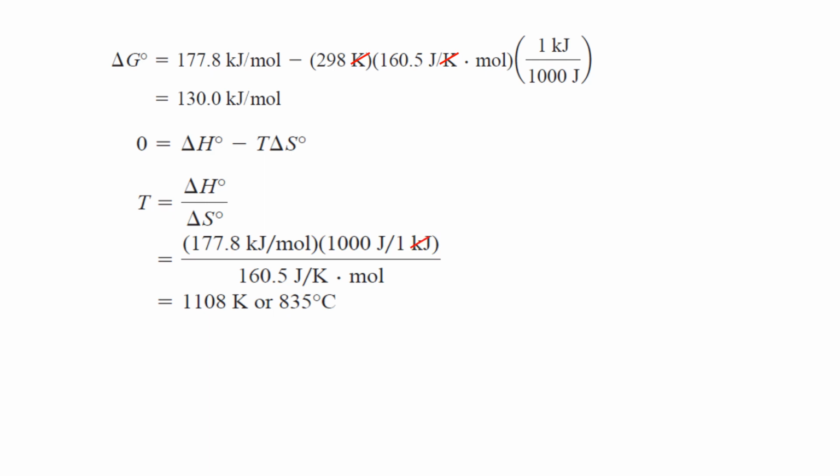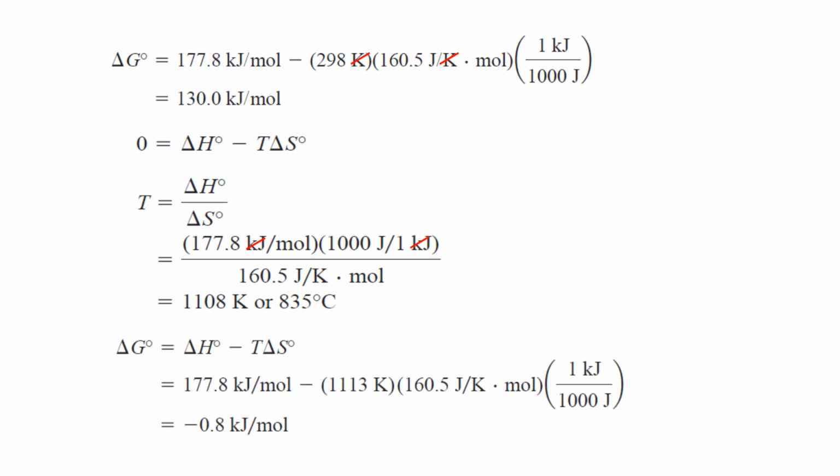Canceling the necessary units, we have Kelvin left. 1108 Kelvin is the temperature of the system if the change in free energy is 0. So to make the free energy less than 0, we increase the temperature.